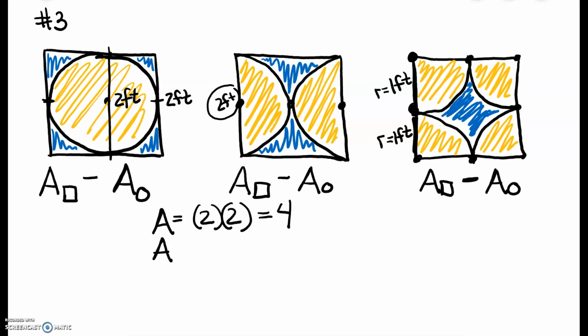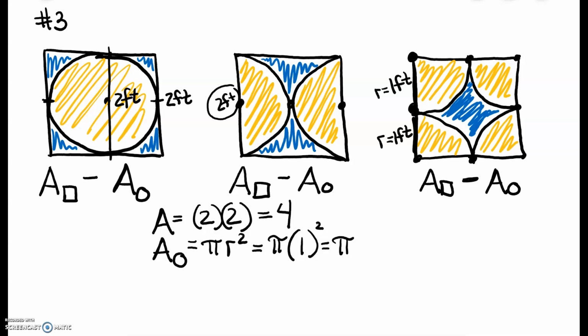When I compute the area of the circle, I have a formula of pi r squared, and I have to remember that the radius is half the diameter. So half of the diameter is 1 foot. So when I square 1, I get an area for my circle of just pi.